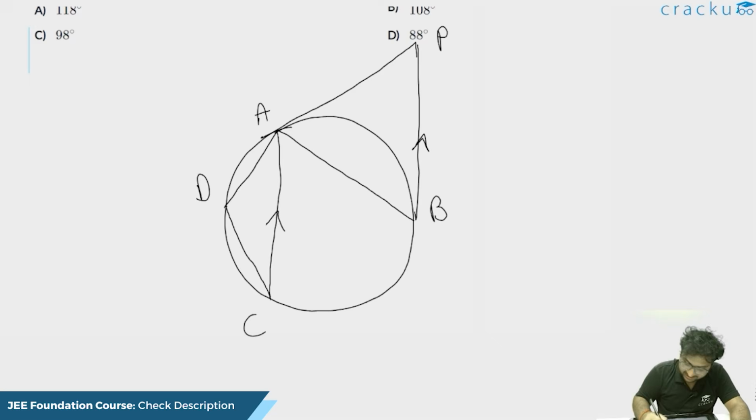Now it is given that PB is parallel to AC.